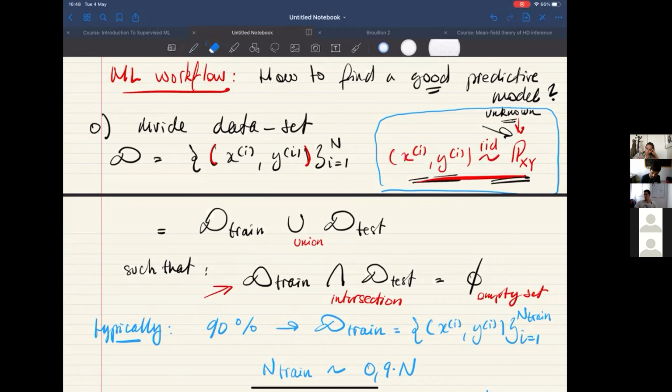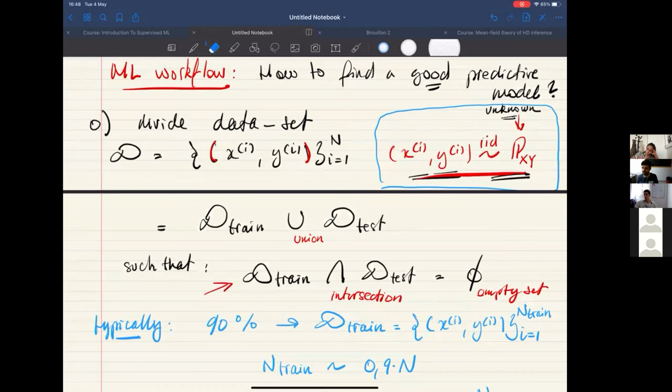Okay. What if I have a very large training set? That's a very good question, and we will explore right now all these questions while coding. But to answer your question, if you have infinitely many data points, then the empirical distribution of the data is equal to the true statistical distribution.